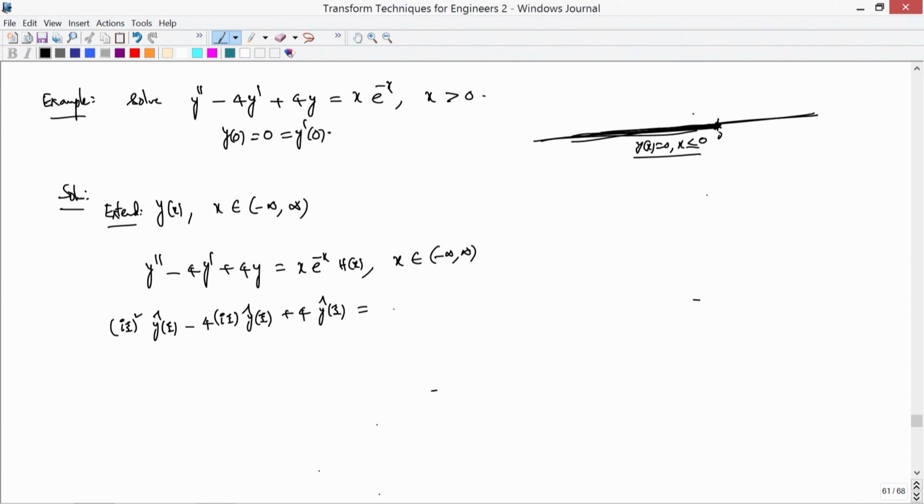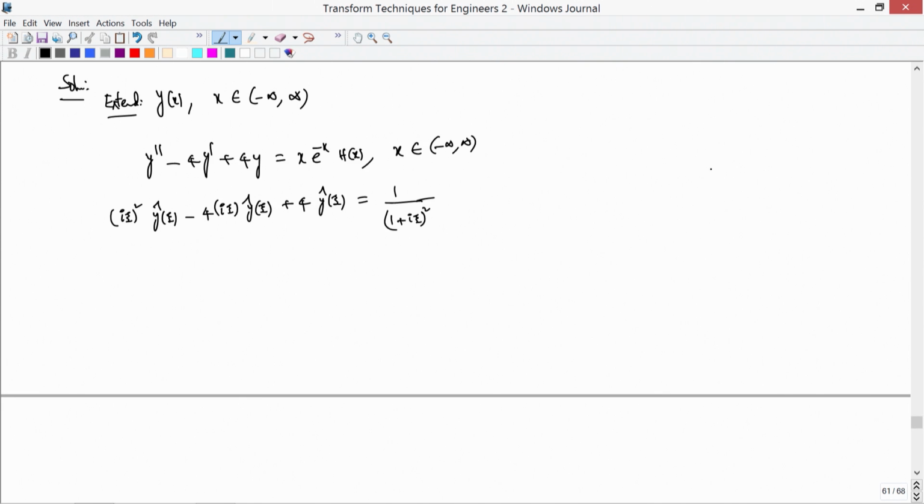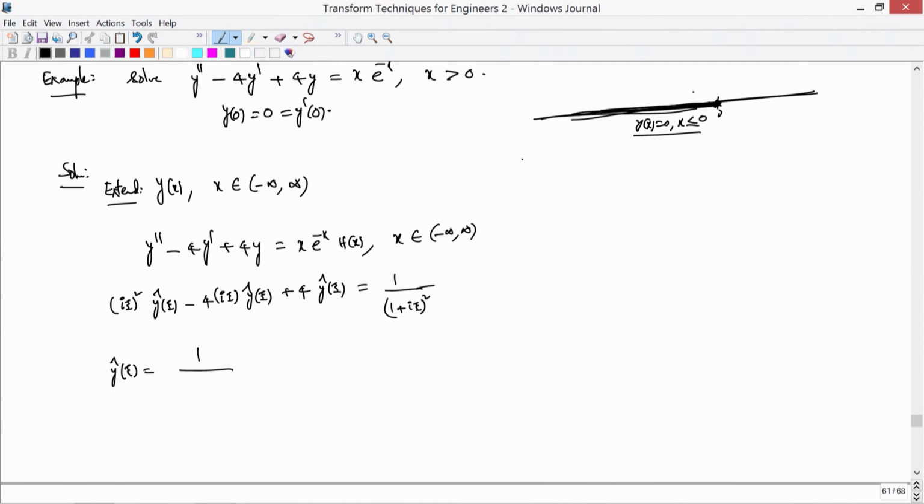We have seen earlier that this is 1 over (1 plus i xi) whole square, with the factor 1 by root 2 pi.